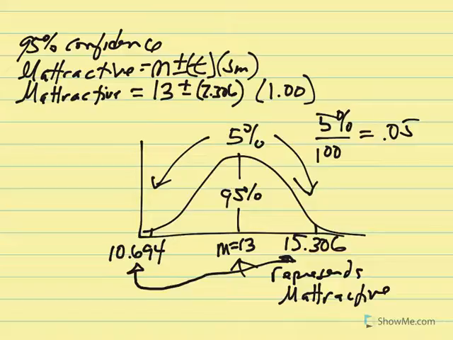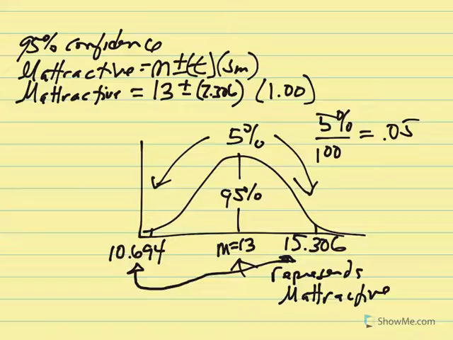Again, our confidence percentage has increased. Our confidence has increased that it will fall within this range. But the precision or accuracy of our prediction has decreased because now we're talking about a much wider range than the example of 80% and 90%. But that's okay. You just need to recognize the consequences of increasing your confidence percentage and what that implies for the range of values and the accuracy or precision of the predicted value.